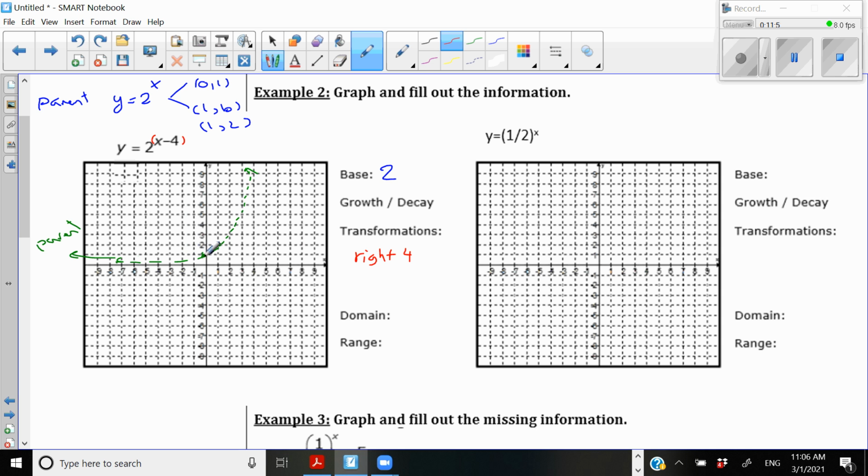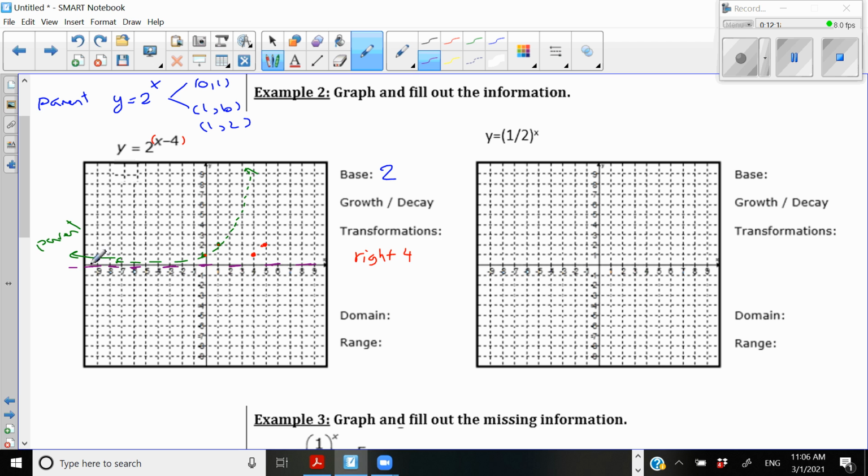So I'm going to move this from here right for 1, 2, 3, 4. And the other point that we had here is also going to be moved right for 1, 2, 3, and 4 here. So these are my new points. And also, we learned before that we have an asymptote here, a horizontal asymptote here.